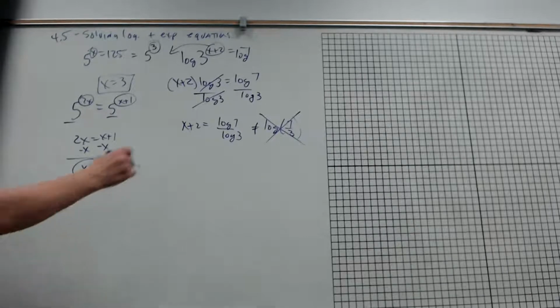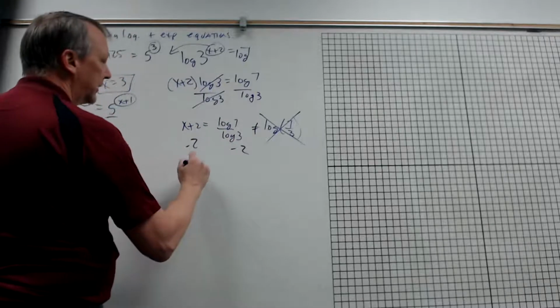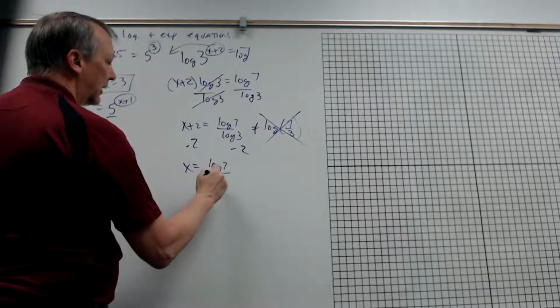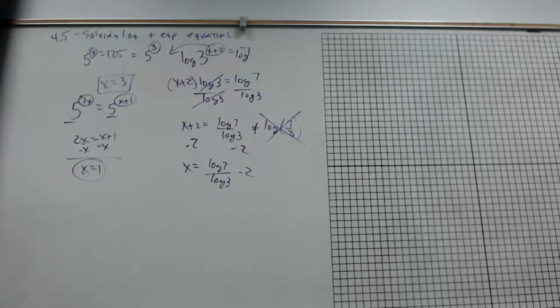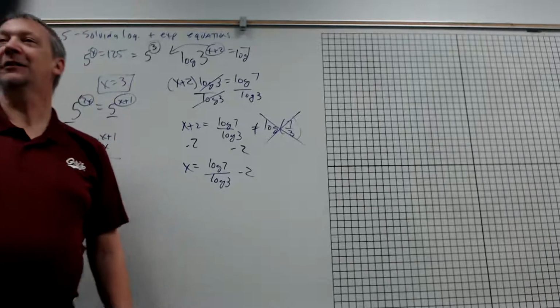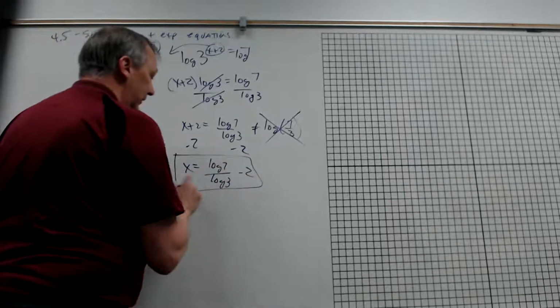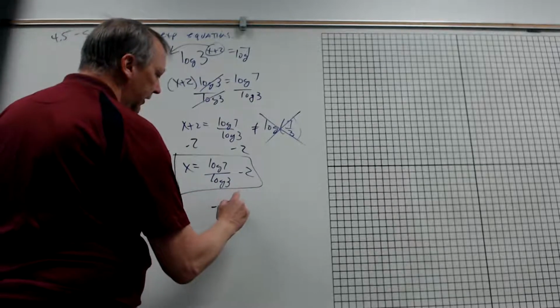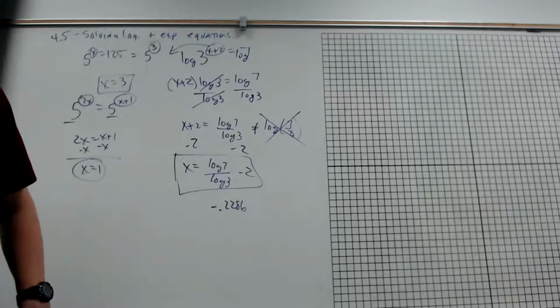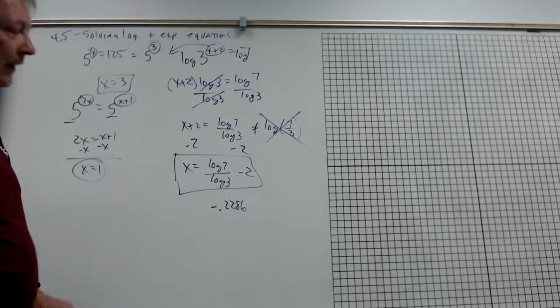Okay, now what? Subtract 2. So we get x equals log 7 over log 3 minus 2, which I haven't decided if I should let you use calculators tomorrow. You could plug that in your calculator. Back in the old days, before we allowed you to use calculators, that was the correct answer. Now, if you did plug it in your calculator, you would get negative 0.2286, I think. 8756, sorry.